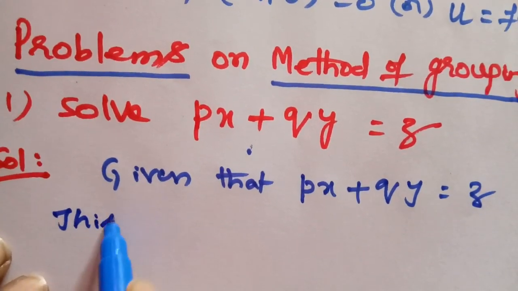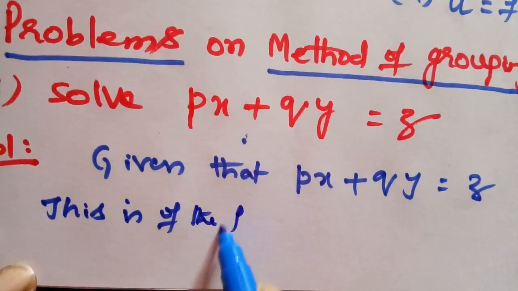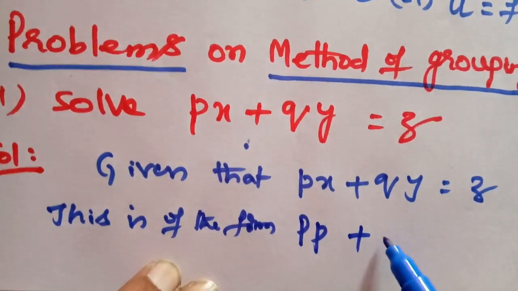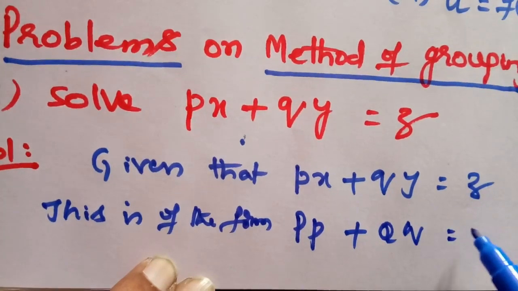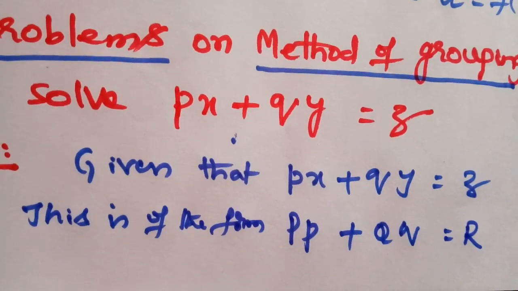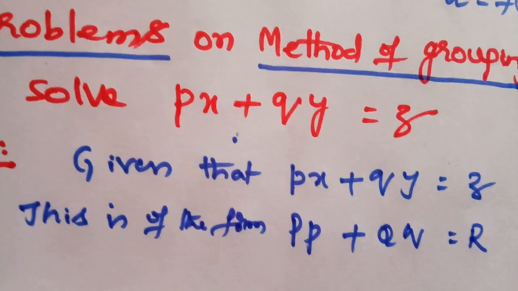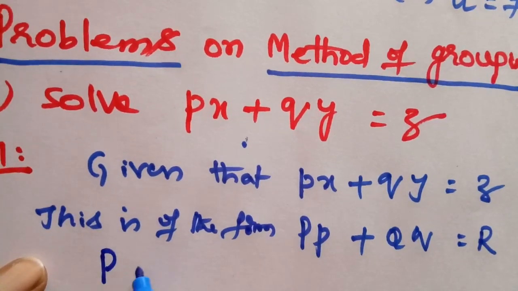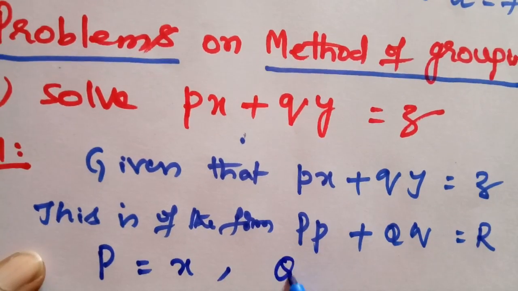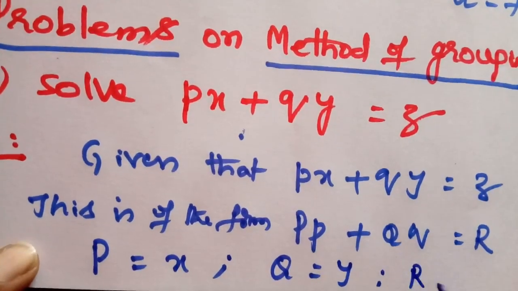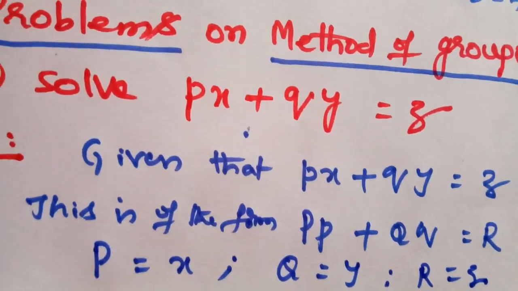This is of the form capital P small p plus capital Q small q is equal to R. Here capital P is equal to x, capital Q is equal to y, and R is equal to z.